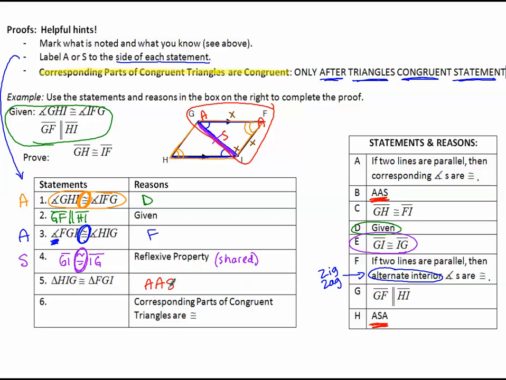Angle, angle, side. Now remember that corresponding parts of congruent triangles will always be the choice to go last. Maybe you make yourself a little note here that this is always last. If it's a choice, you always put it in the last spot. Given, always first.